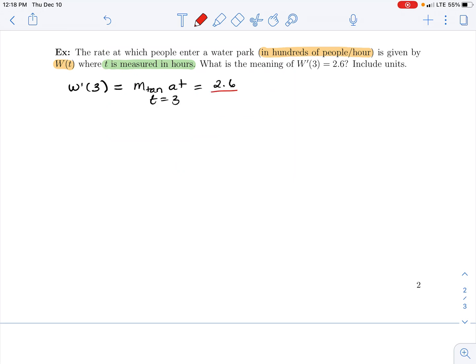And then I'm going to go over 1, because this helps me see that the units for my top part are hundreds of people per hour. And then in the denominator here, I have hour or hours as my units.